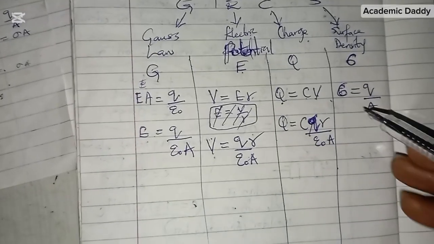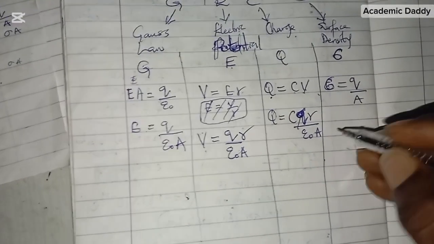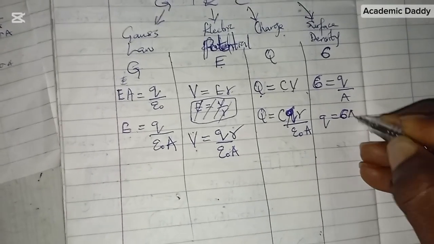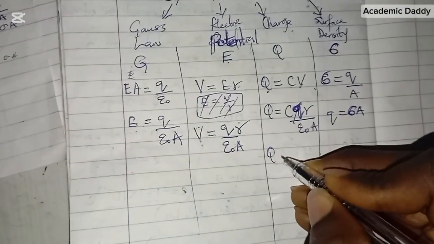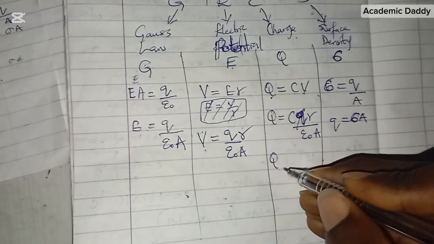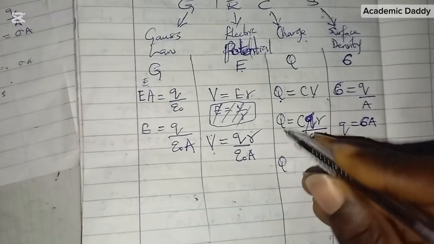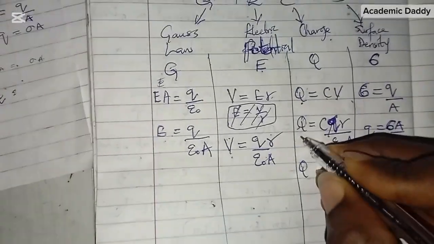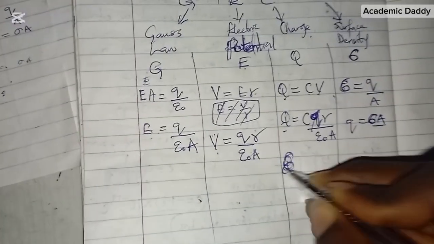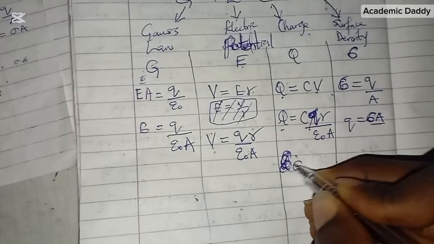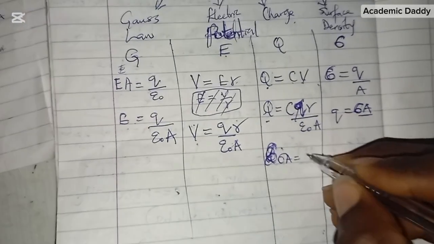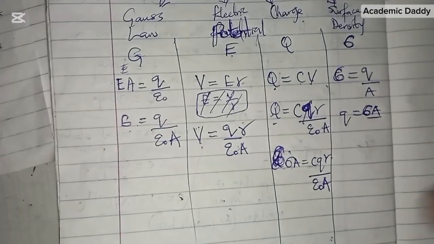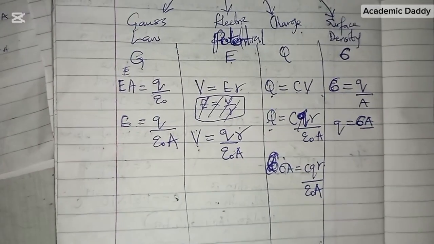These are different ways to see it. Since charge equals permittivity, surface density and area, I can replace what I have here as charge with this: surface density and area, which equals CQR all over E naught A. All these formulas are important depending on what they ask you in the question.